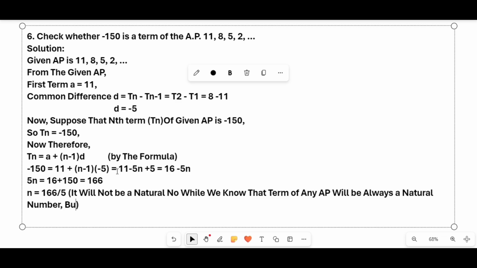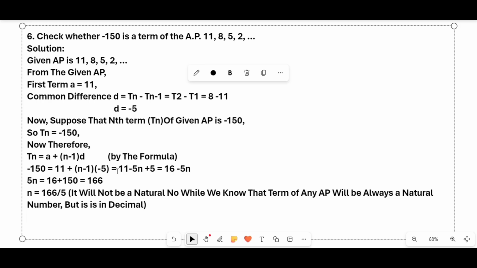But this is a decimal, so hence minus 150 is not a term of the given AP.